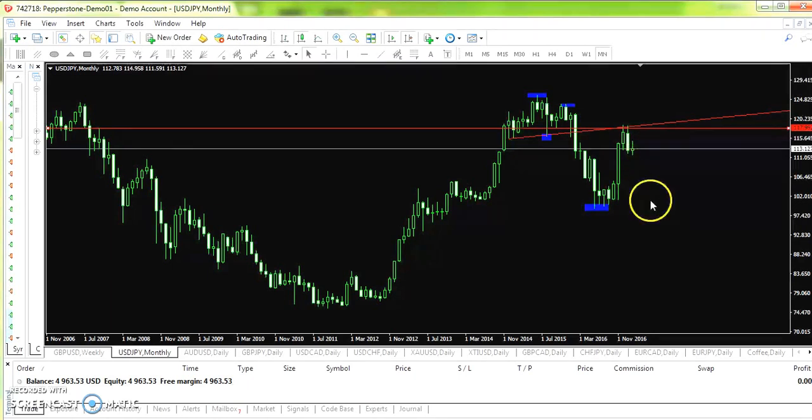So what would you do in that case, right? As you can see, this is the previous swing low, right? I'm going to draw this trend line and connect these two levels, right? So one would say my target of selling is 117 or 118, right?